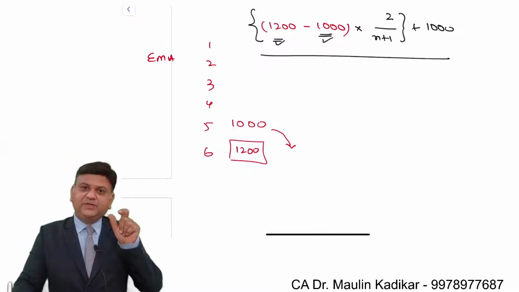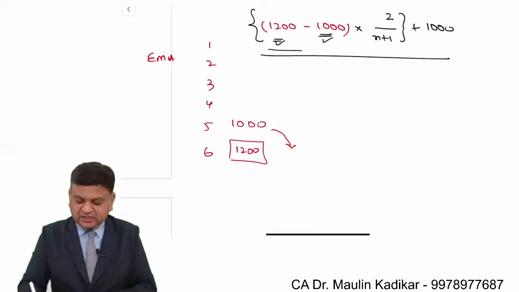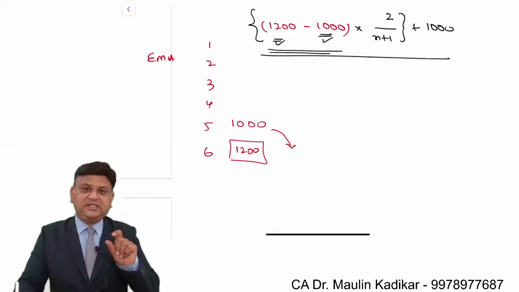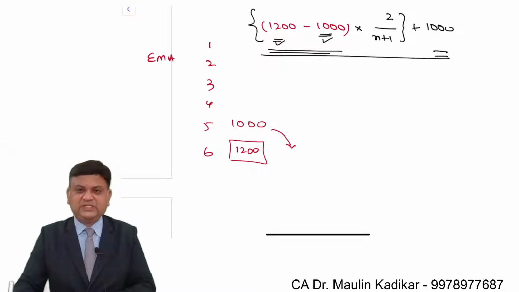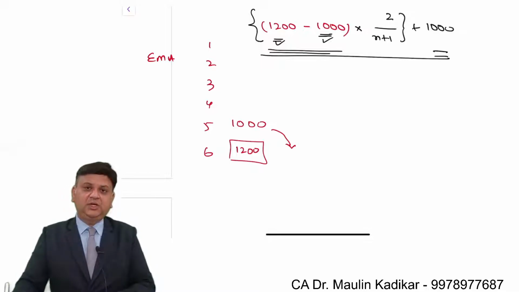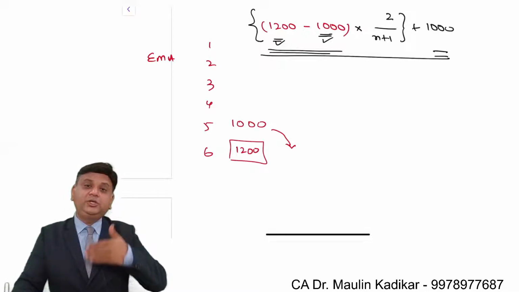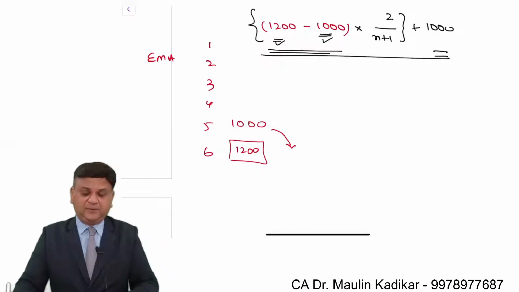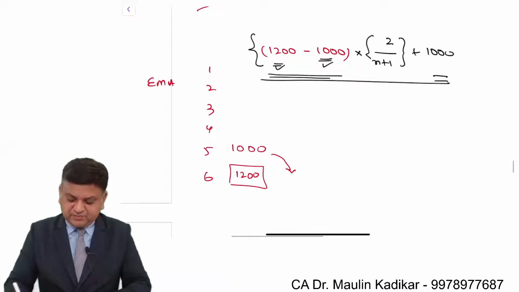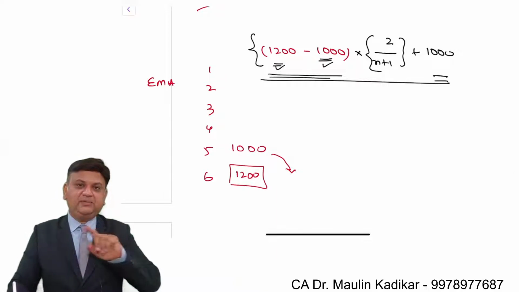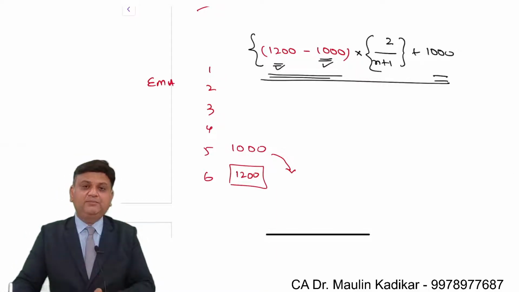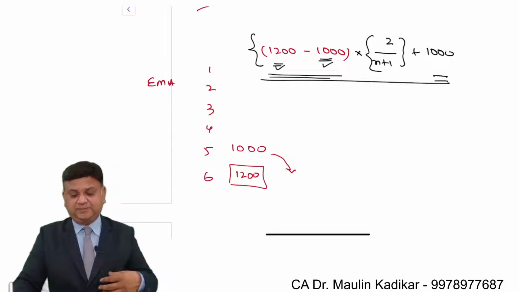So whatever the difference is, it is adjusted to the previous exponential moving average to compute the new exponential moving average, the expected price for the next day. It is multiplied with 2 divided by n plus 1 because the recent price change is given the maximum importance, double importance in comparison to the previous prices.